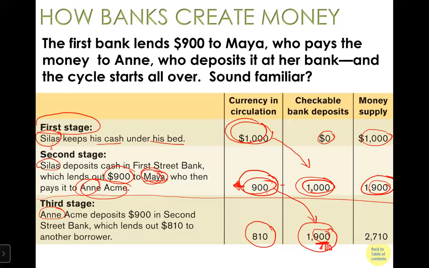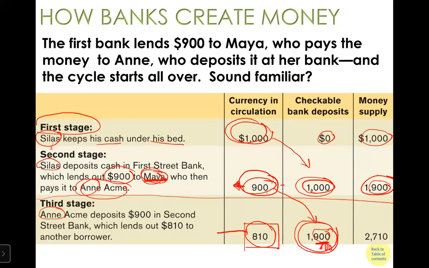Now whoever takes a loan from the bank is going to withdraw this 810 as cash, as Maya did. So in the third stage, we have 1,900 of deposit plus the new loans that generate some new cash, which is $810.